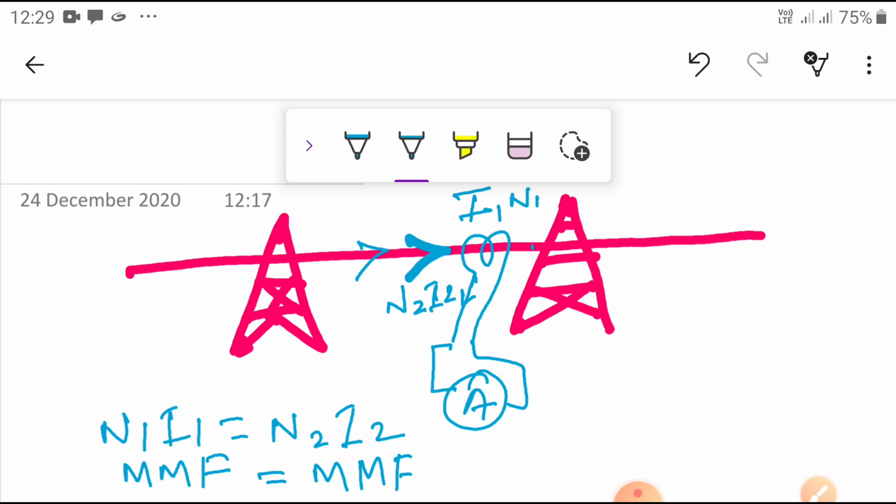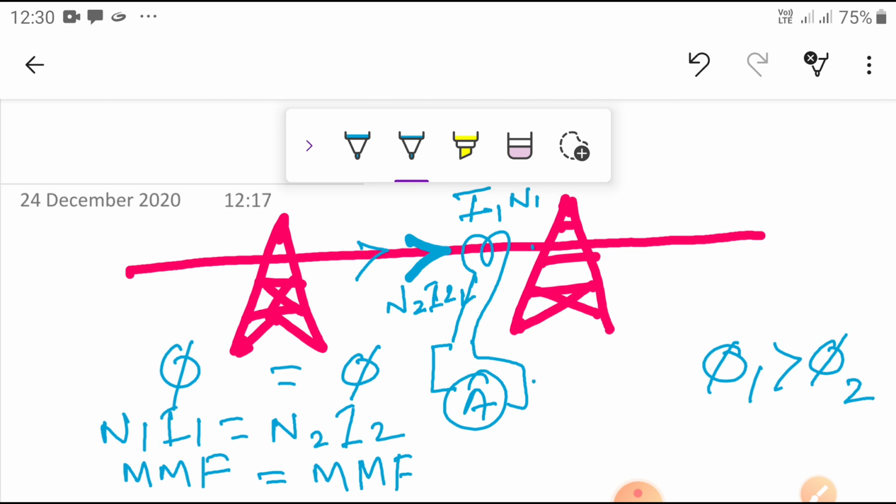The flux produced by this MMF is nearly equal in both. Sometimes the flux phi 1 produced by the primary is greater than phi 2, so the resultant flux will produce the corresponding EMF. That EMF produces the current, and the current flows through this one. That is equal to the primary current and secondary current, the CT ratio.